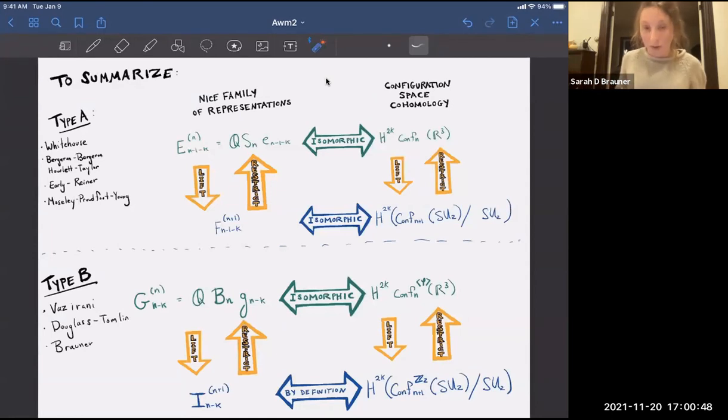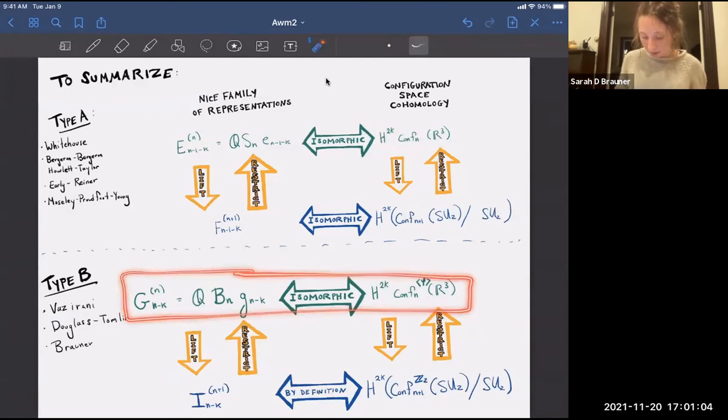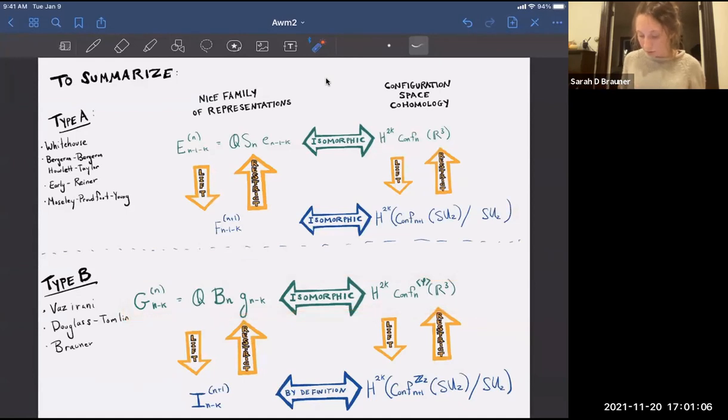I started with idempotents in the Mantaci-Reutenauer algebra. I looked at their representations. It turns out that those representations are describing the cohomology of this orbit configuration space of R3. And then this whole story lifts to Bn+1, where now these representations are describing the cohomology of this space.